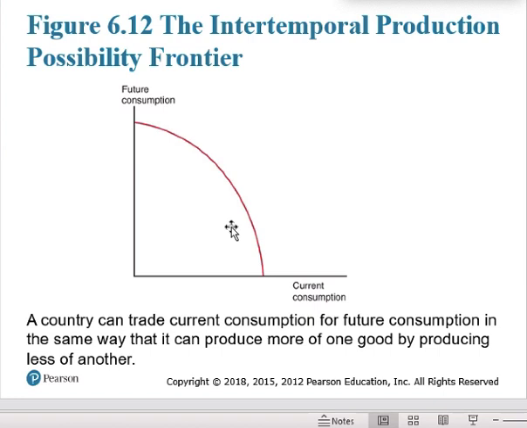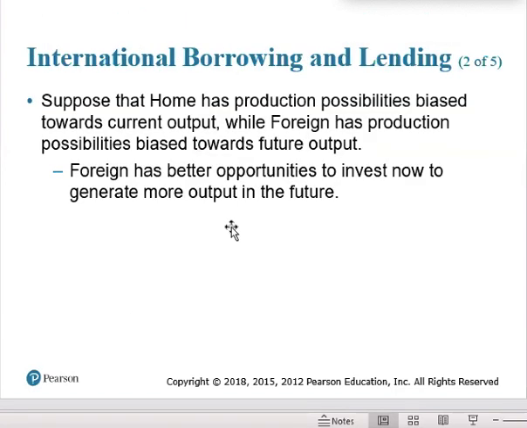One way you can think about it is that you can lend and borrow resources from another country, a trading partner. If you lend money to your trading partner, that means you don't have the money right now to produce, and your trading partner gets your money. Then in the future they will return the money to you, and then you can produce in the future. Basically, this is what it means.